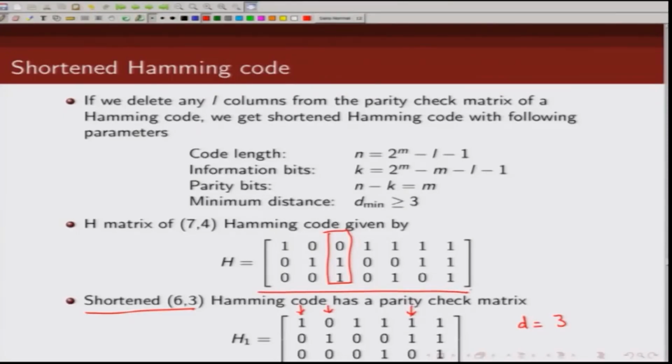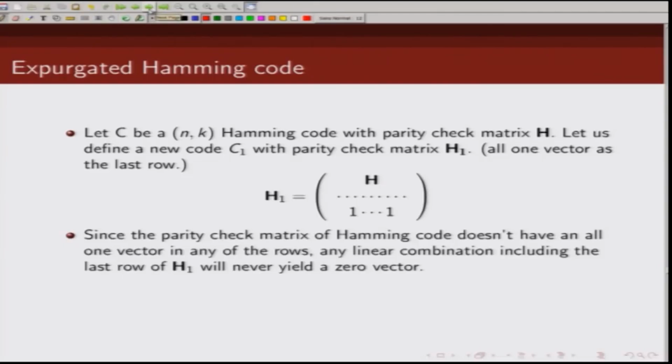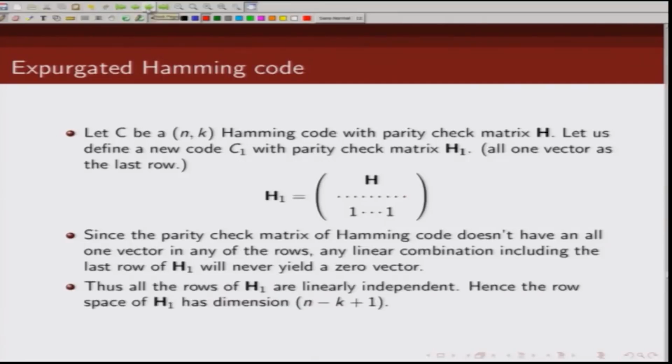So, when I add an all-ones row, essentially the rank of this matrix will be 1 more than the rank of the original matrix H, because any linear combination of the rows of the earlier parity check matrix H would not be equal to the last row. Hence, the rank of this new matrix H1 is n minus k plus 1, and the number of columns of this matrix is n.